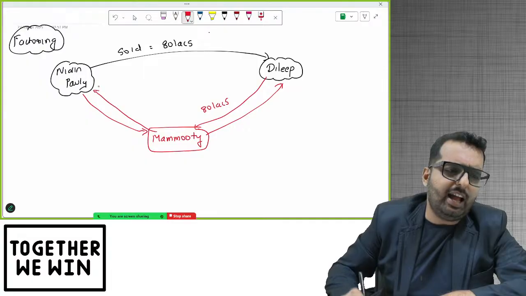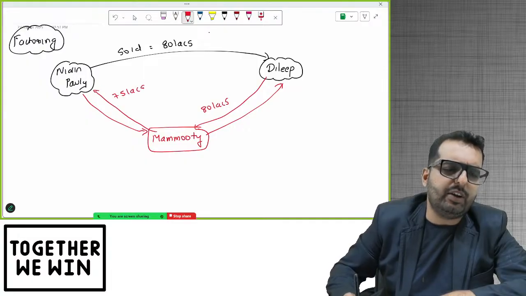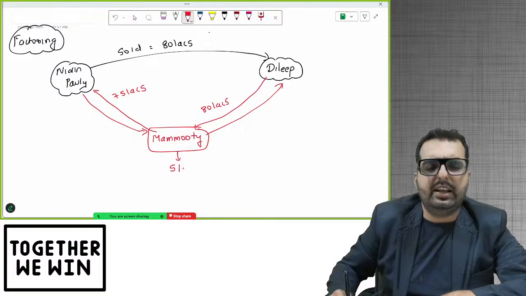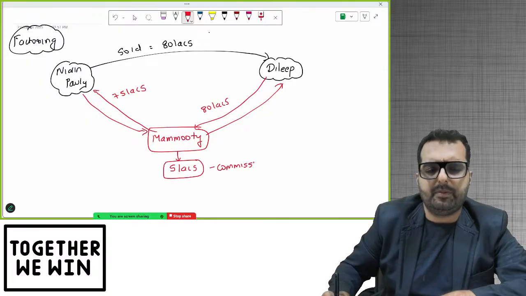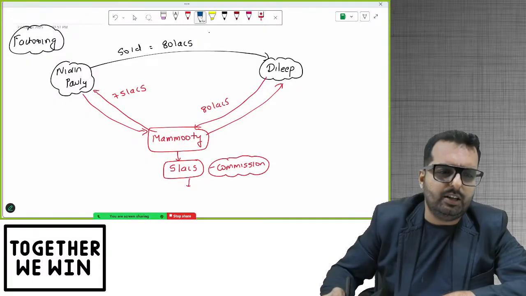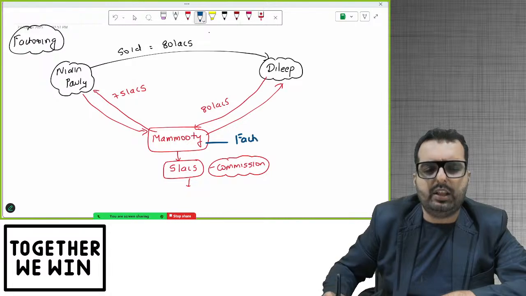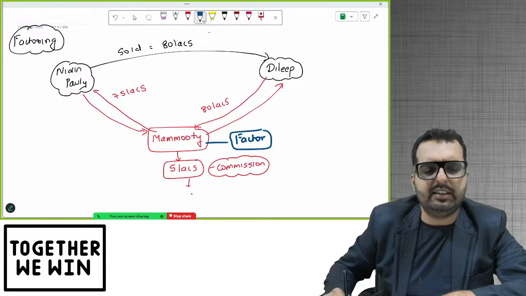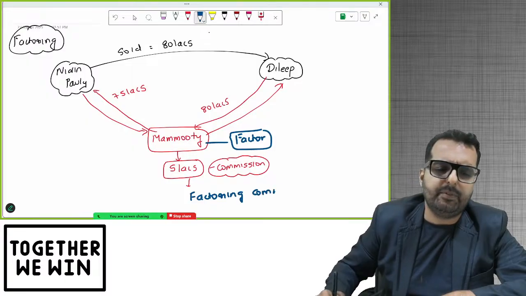After collecting 80 lakhs, he will pay Nivin Pauly only 75 lakhs. Why does he do like that? In between, 5 lakhs will be his commission. This is what we call a factor. So in my example, Mammootty will be the factor, and this 5 lakh that he is taking is what we call the factoring commission.